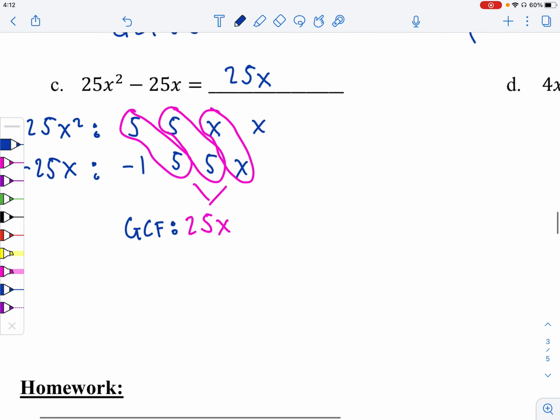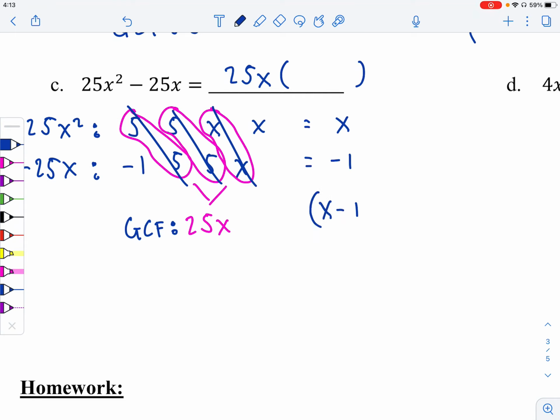Then we look at what's going to be left in the parentheses. So we find out what is left. These were canceled because we took them out. On the top, we're left with just x. Next level, we're left with just negative 1. So what's left over is x minus 1.